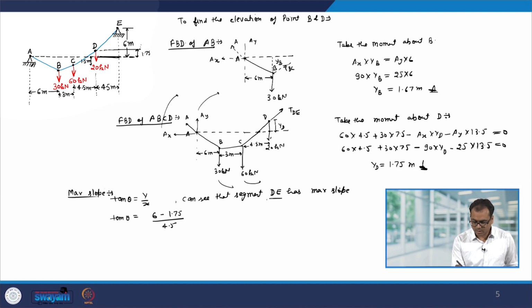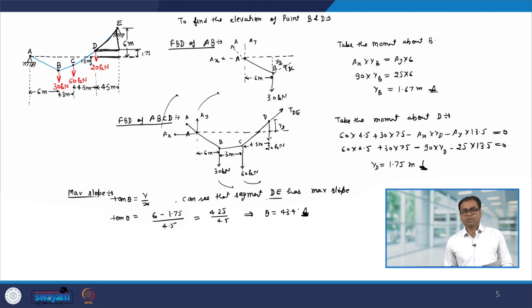So, if you look at this triangle, then this distance will be 6 minus 1.75, and this is of course 4.5. So, tan theta will be 4.25 divided by 4.5, and this gives you theta equal to 43.4 degree.